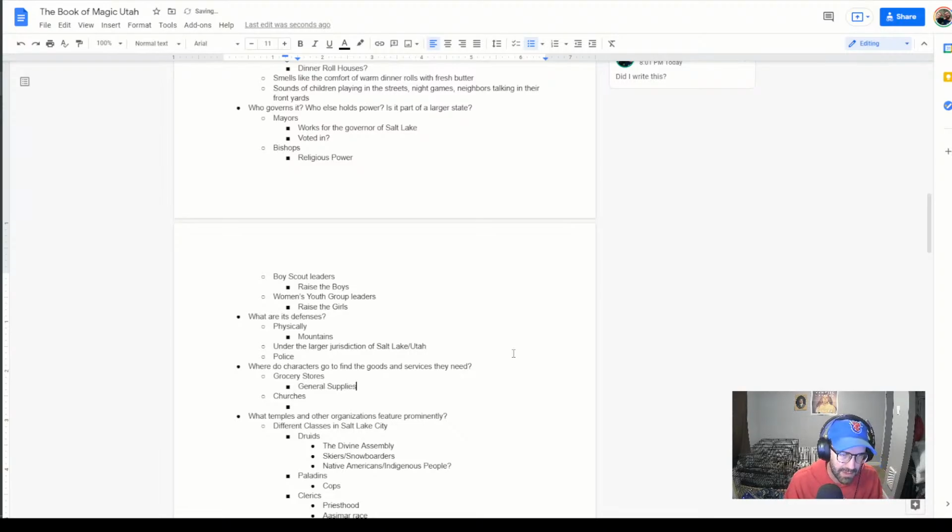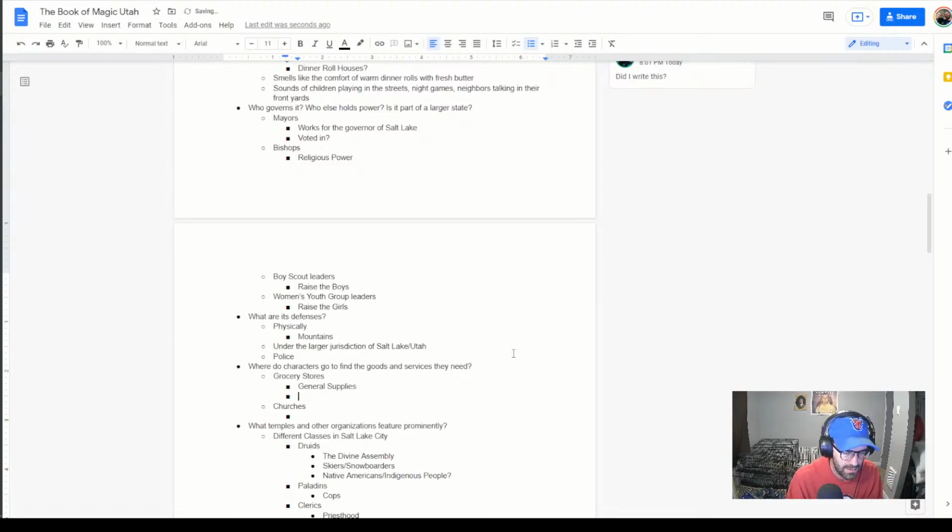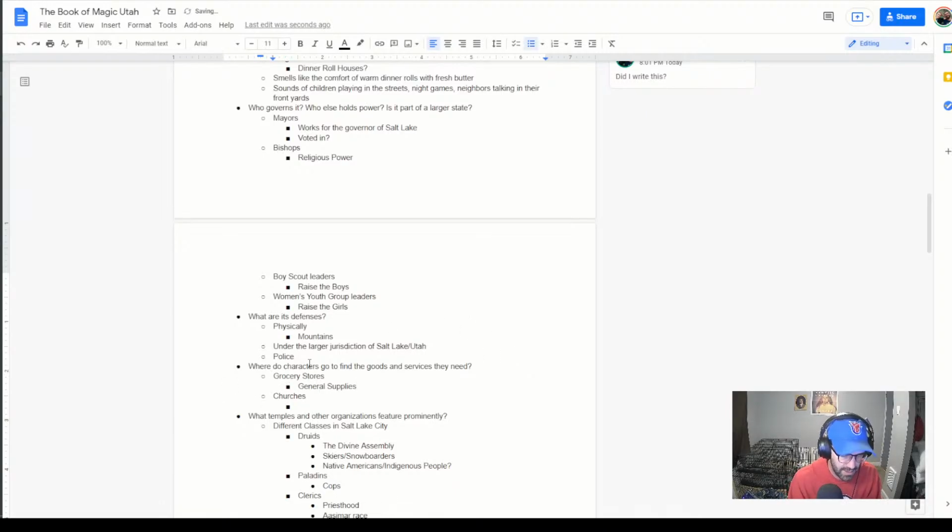It could be a Walmart or a Target, or a Reams, or a local grocery store. I'm just going to say local grocery stores because I don't want big chains. There can be statewide chains, but not beyond that.